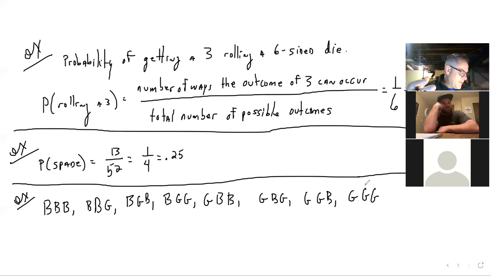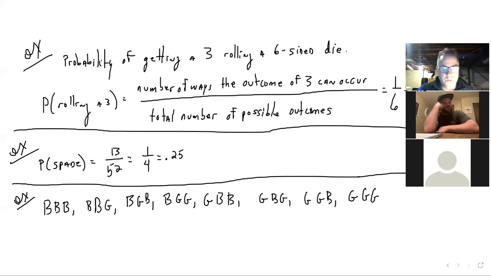Just 8 different ways. Now, if you didn't want to write every single possibility down like this, you could think of it this way: for each birth, first birth, then the second birth, the third birth, if it was equally likely that the birth was either a boy or girl, then you would be looking at two possible outcomes.